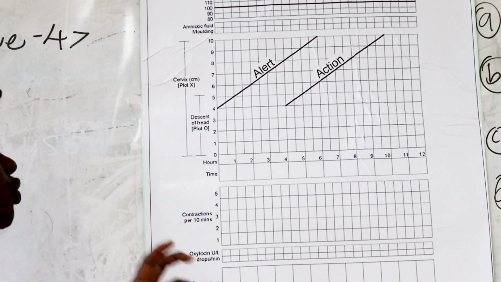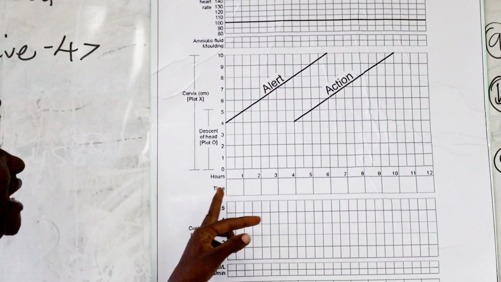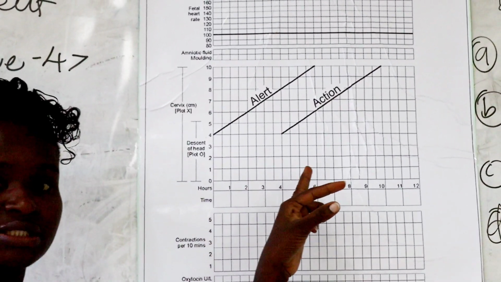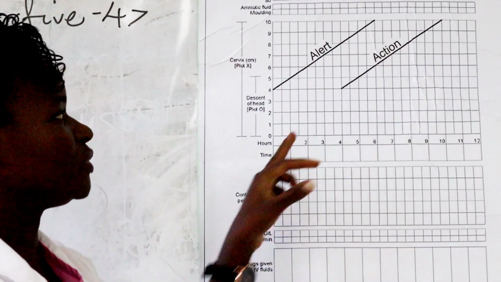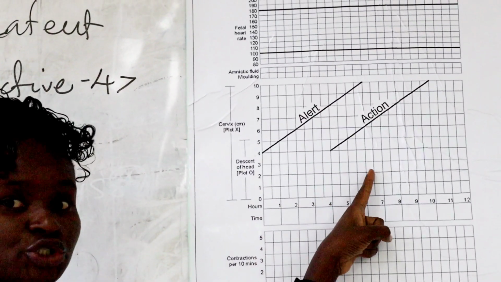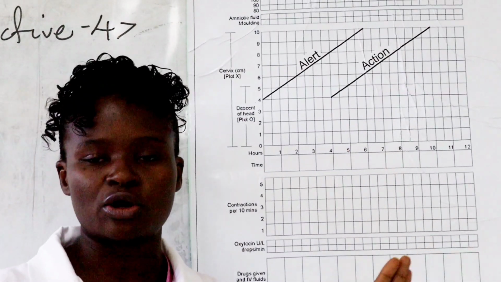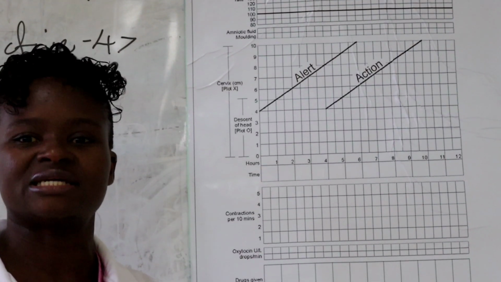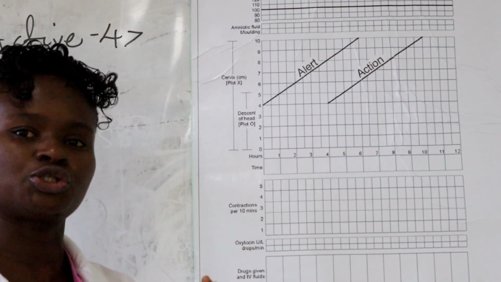When the cervix is fully dilated, it's usually at 10 centimeters. Further into this tool, we have an alert line and an action line. That simply means normally we don't start our partogram at 0 centimeter dilatation. We start our partogram at 4 centimeter dilatation.